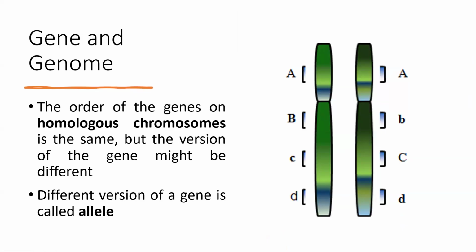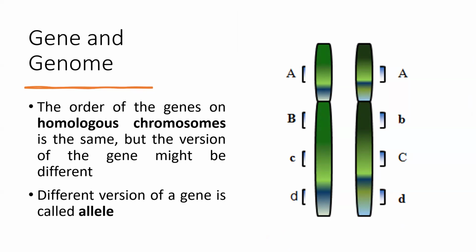Now, here is another word. I just need to make sure that you actually understand, because there are so many terms you get confused. So 46 chromosomes, or 23 pairs. These are some important numbers.